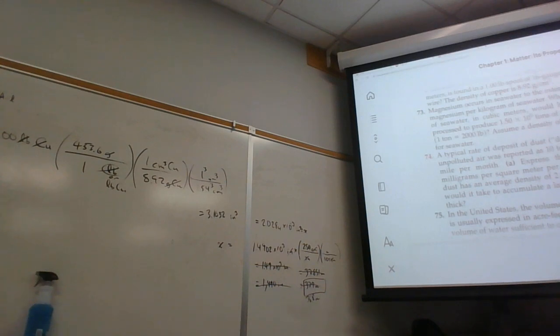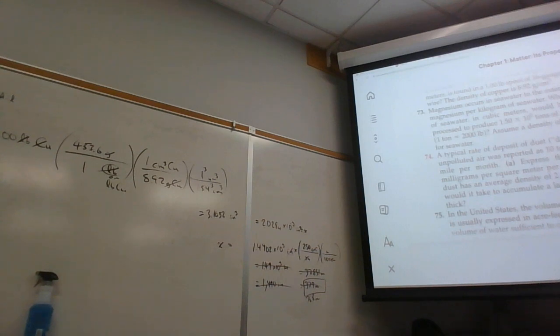If I were to write this, I'd probably write 10 tons of dust per square mile, miles squared, per month. I'll just write MO for month. So in this I have tons of dust, square miles, and months. Express this dust fall in milligrams per square meter per hour.